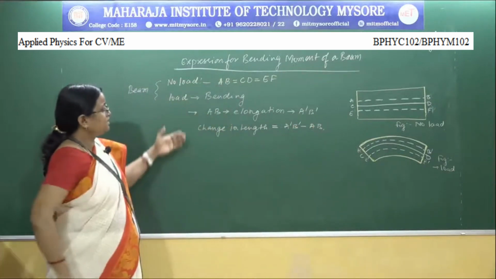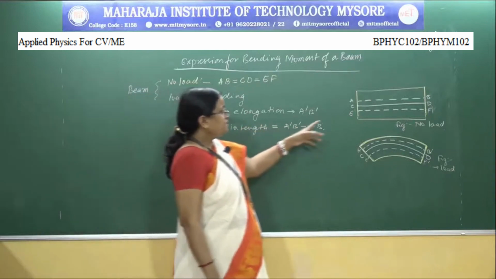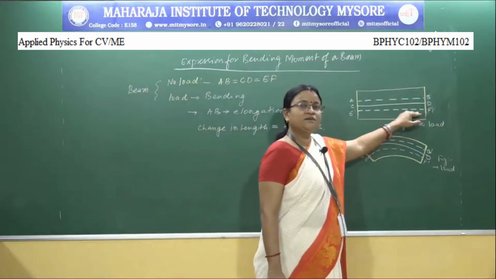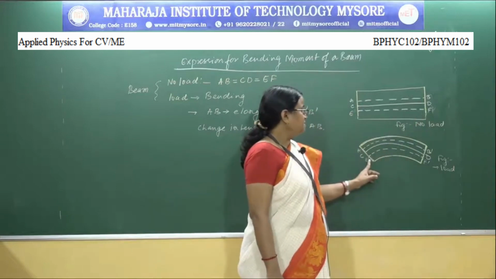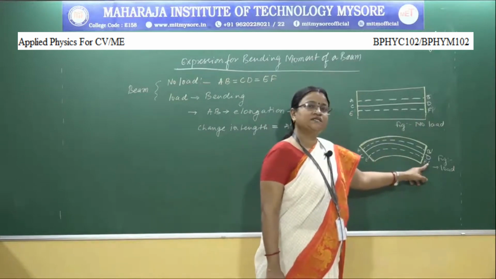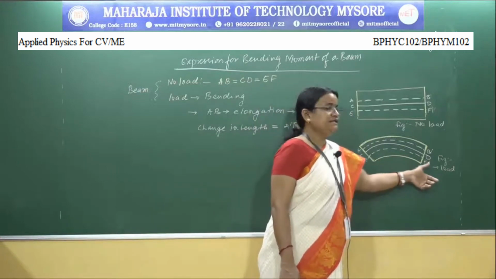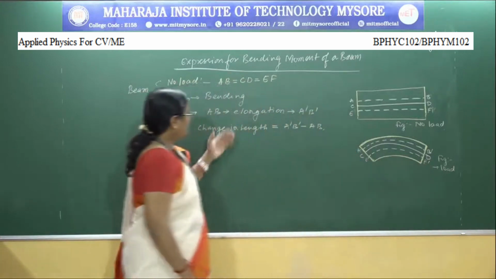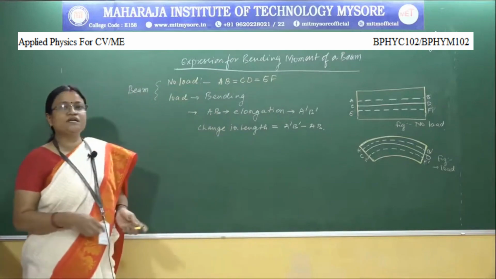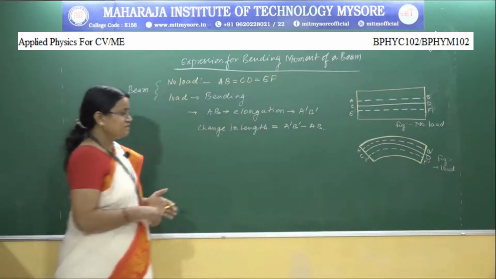Similarly, EF undergoes compression and the new length is now E'F', and the change in the length will be EF minus E'F'. So we will take the reference of the upper layer for the derivation.